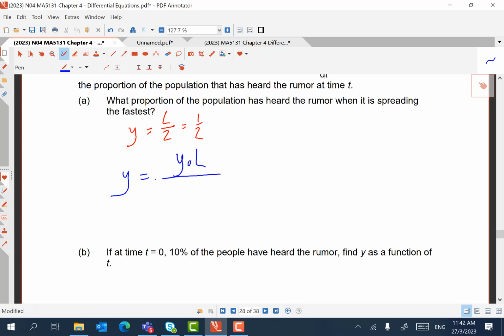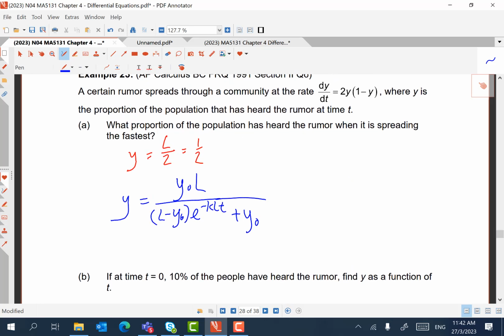Good. Press on. So what is L? 1. What's K? 2. Just plug it in.